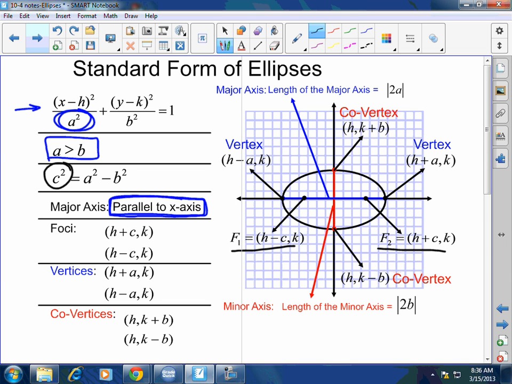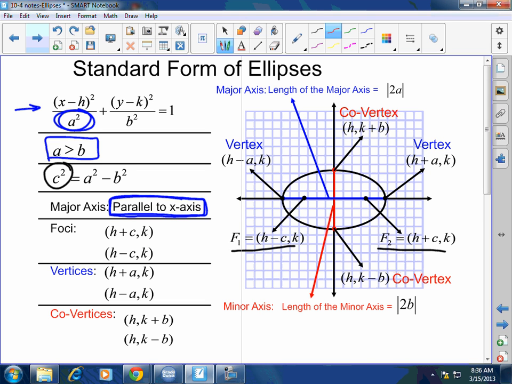My foci is h plus c comma k and h minus c comma k. Your vertices, h plus a comma k, h minus a comma k. And your covertices, h comma k plus b and h comma k minus b.